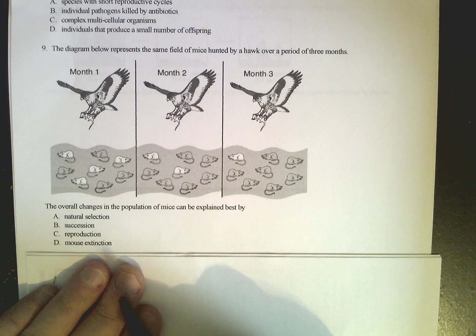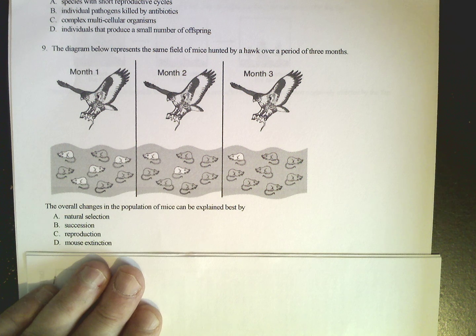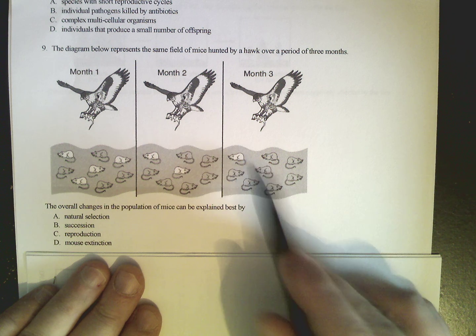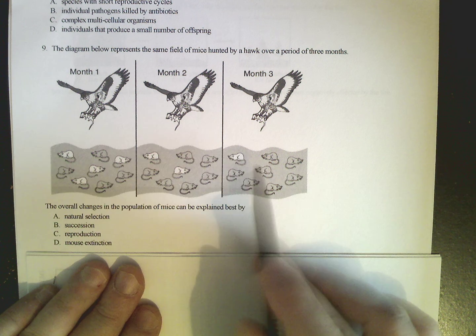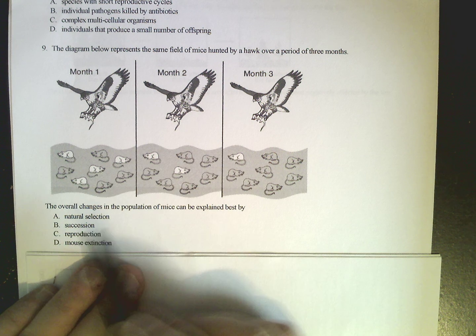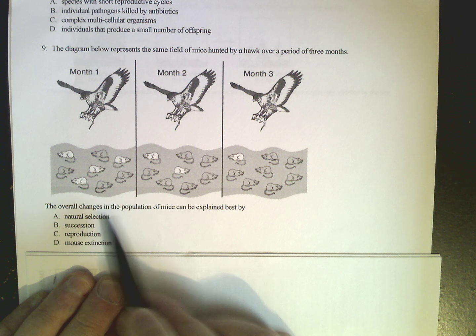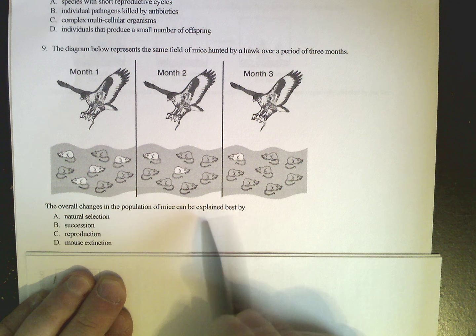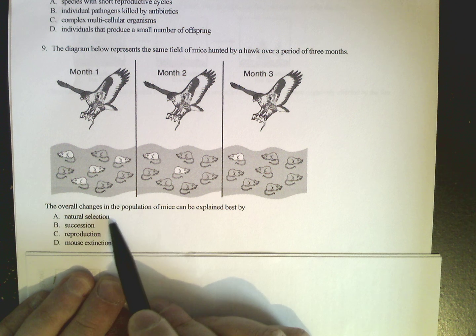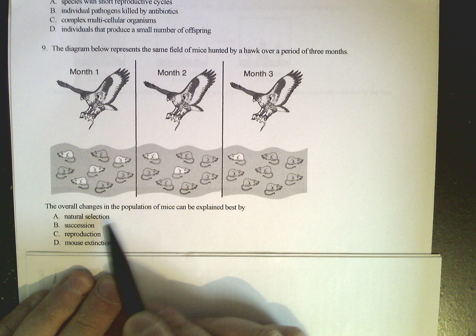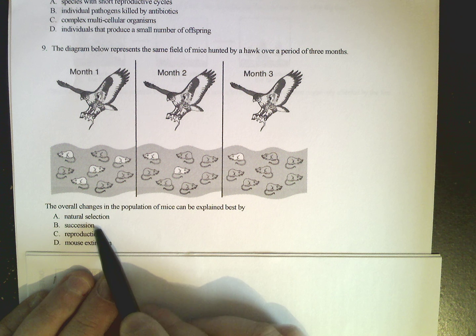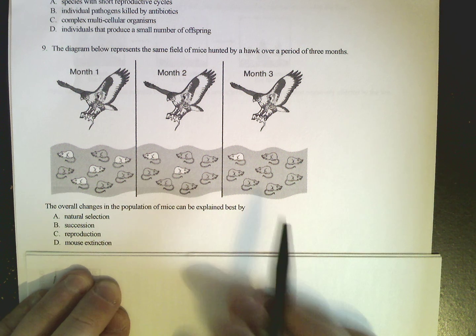Month 2 you only have 2 white mice, 6 dark colored mice. And month 3 you only have 1 white mouse and 7 dark colored mice. The overall changes in the population of mice can be explained best by A, natural selection, B, succession, C, reproduction, or D, mouse extinction.